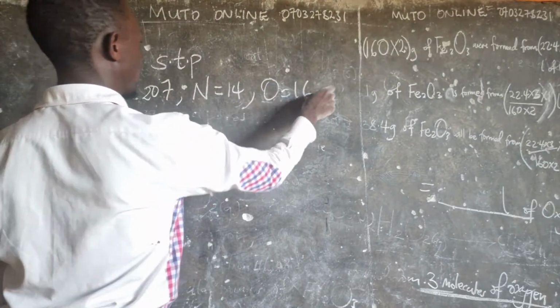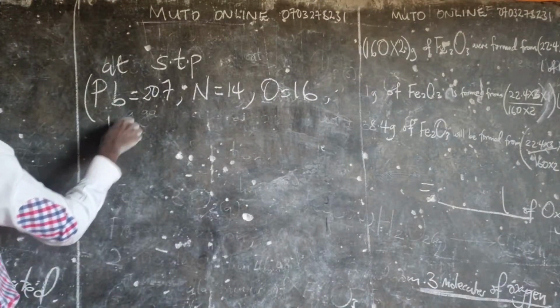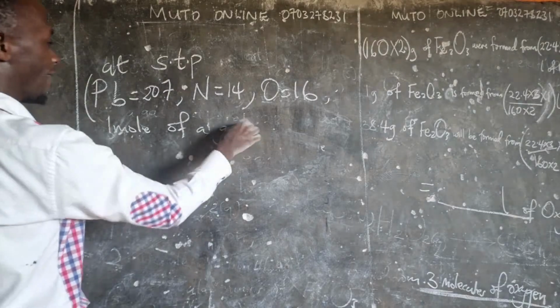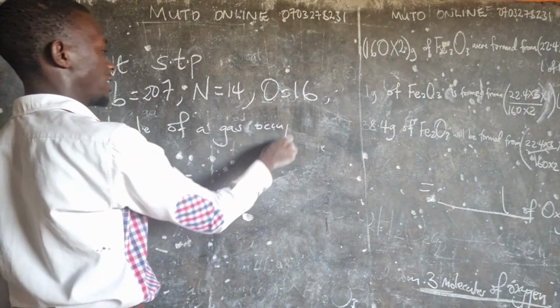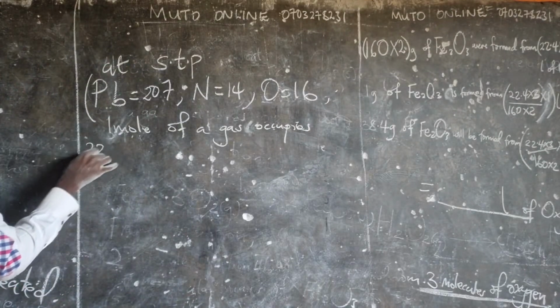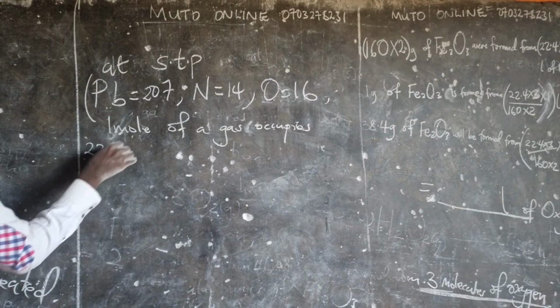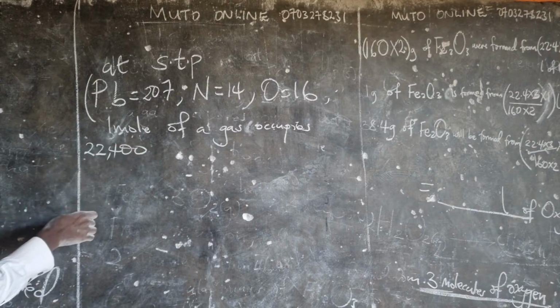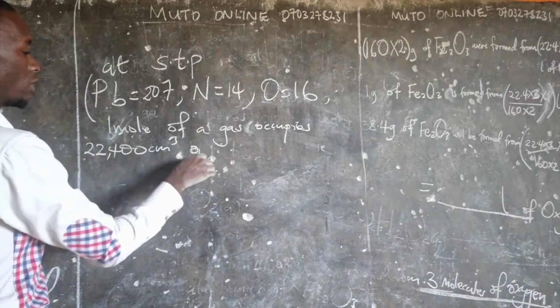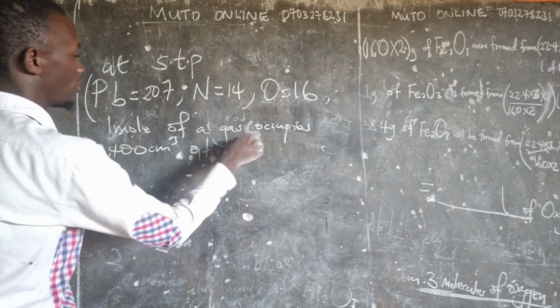Oxygen is given as 16. Then 1 mole of a gas occupies 22,400 cubic centimeters at STP.